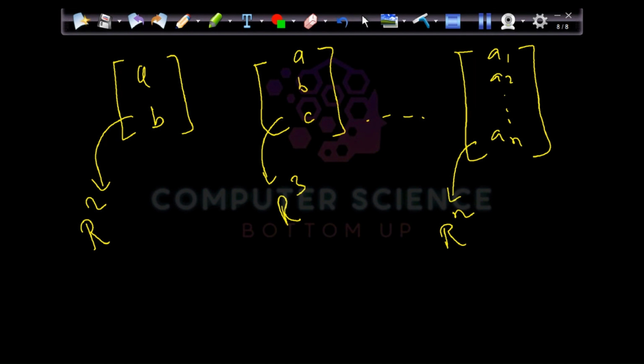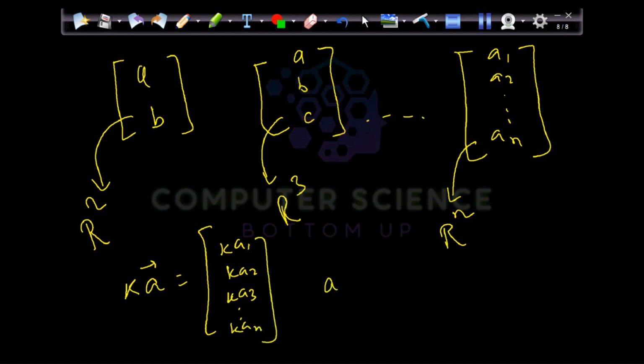Everything remains the same. In the case of n dimensions, what does it mean to say k into a vector? It is nothing but k into a1, k into a2, k into a3, and so on up to k into an.